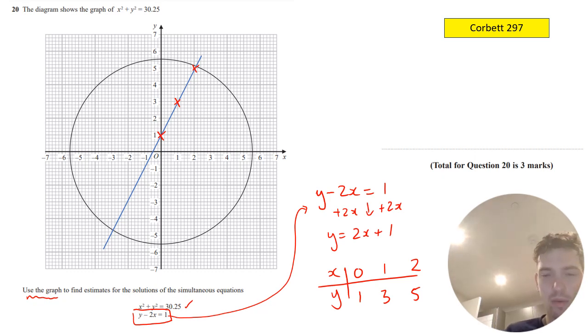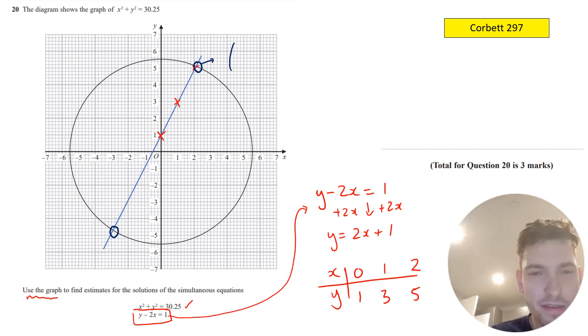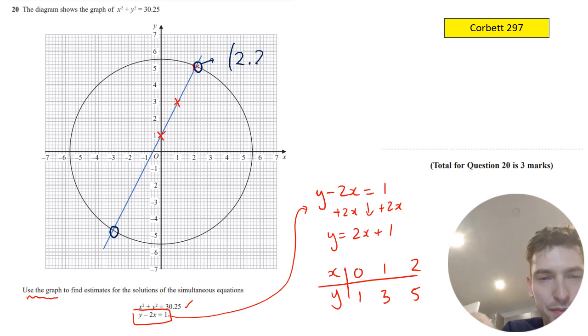Now, what do I do next? Well, remember, where the two lines meet, intersect, I've got my solution. So I'm going to circle here and here. So I just need to read off the graph for my x values and my y values to get the marks. So let's do the top one here. My value of x, and yours might be slightly different, is I think roughly 2.2.